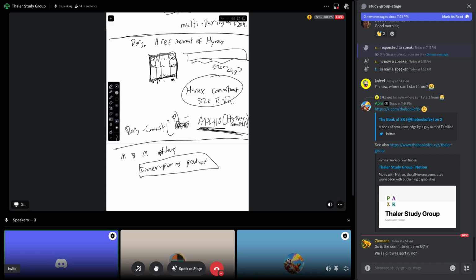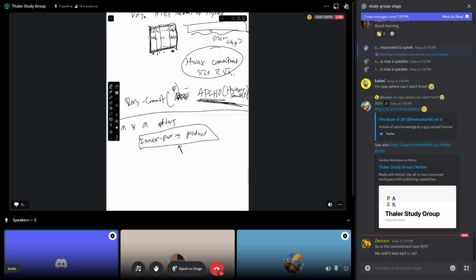Asymptotically, I don't think it buys you anything over Dory, but concretely it might. I think this inner pairing product paper has a trusted setup unlike Dory. I'm speculating here because I haven't looked at it carefully in a long time. I think maybe its proofs are a constant factor smaller than Dory's. Still log size, but might be a little smaller concretely than Dory.